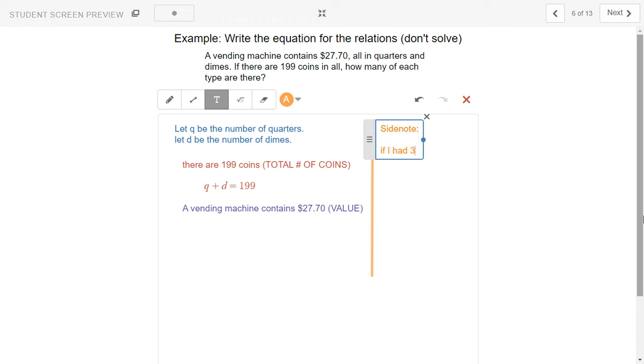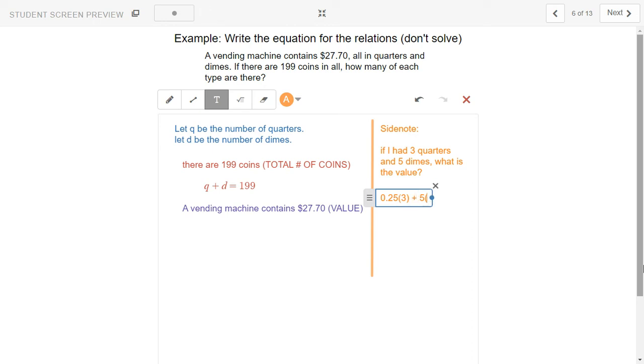if I had 3 quarters and 5 dimes, what's the value? So, how you would do this in your head, you would probably say, I'm going to take 25 cents and multiply it by 3.